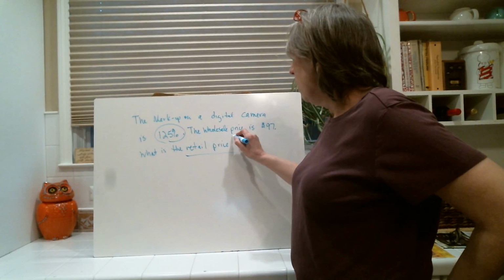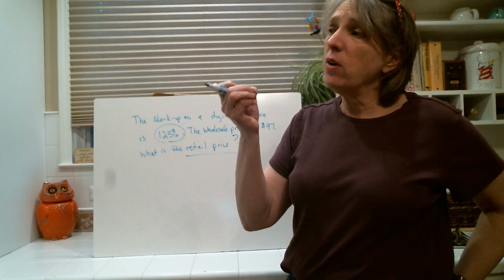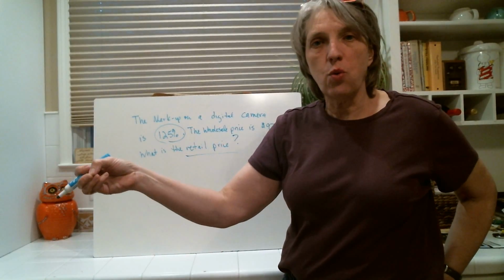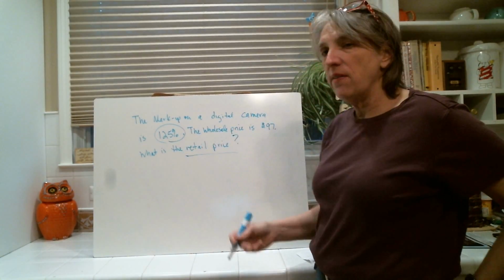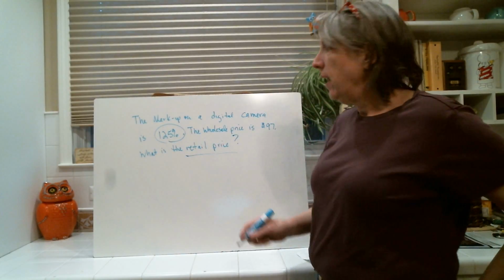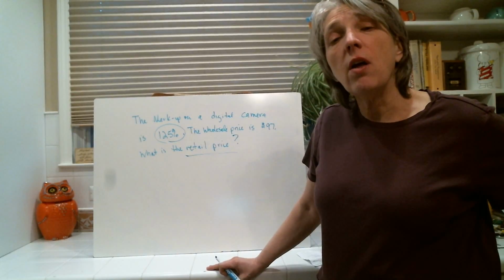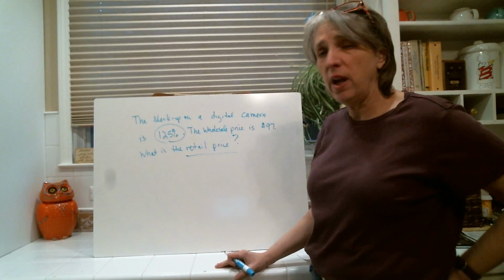And what is the retail price? Well, you have to know that retail price is how much I'm going to sell it for in the store. I paid $97 to get it in my store. I want to sell it to you, and I'm going to mark it up 125% because I want to make money on this one. This is a digital camera.